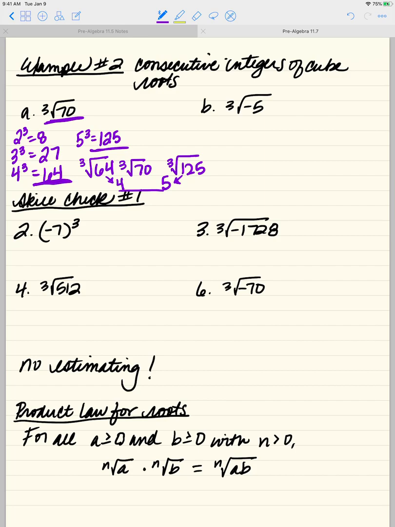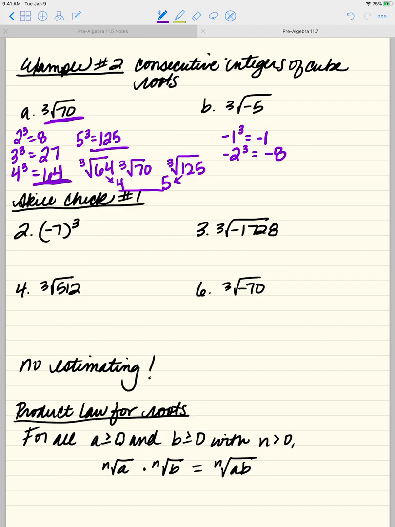Now, B, cube root of negative 5. Between which two consecutive integers does the cube root of negative 5 lie? Negative 1 cubed is negative 1. Negative 2 cubed is negative 8.